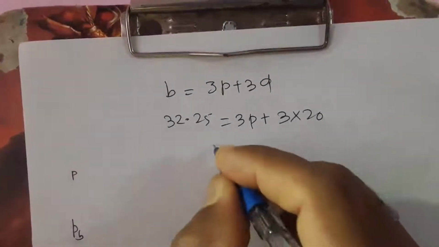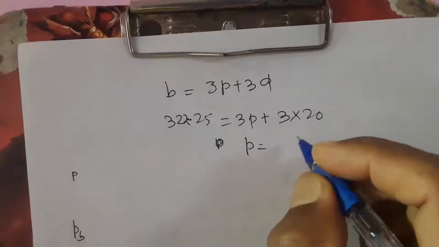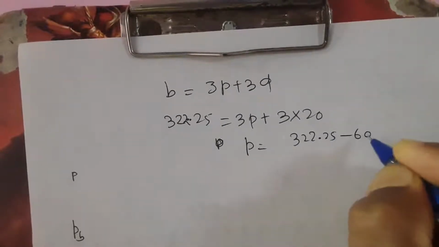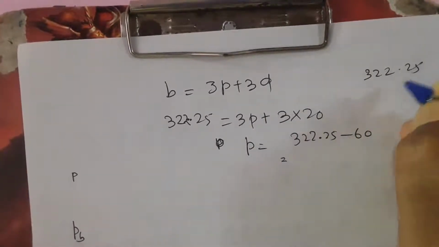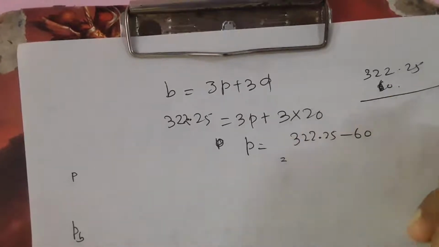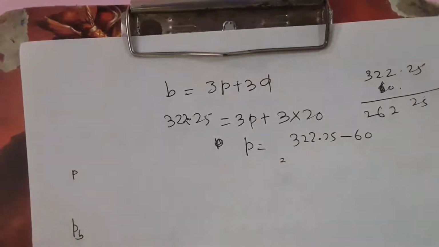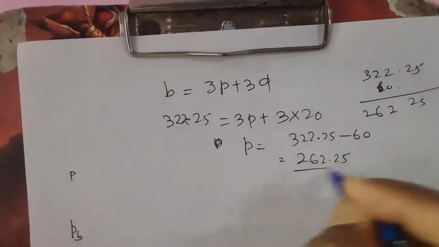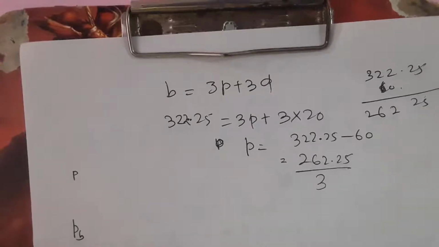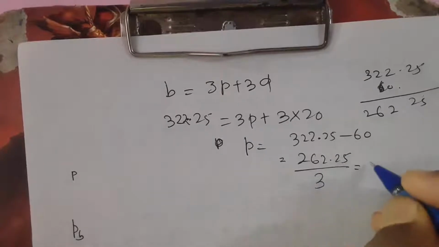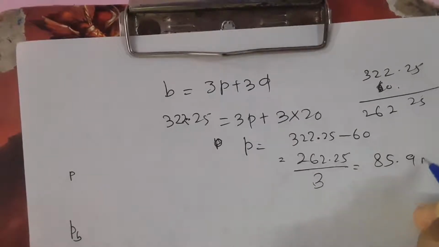So P comes out to be 322.25 minus 60, that is 262.25, divided by 3, and it comes out to be about 85.9 millimeter.